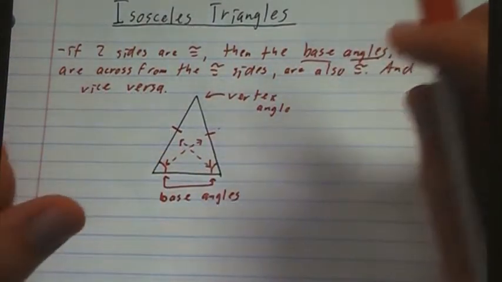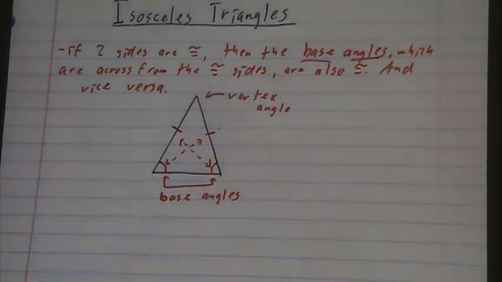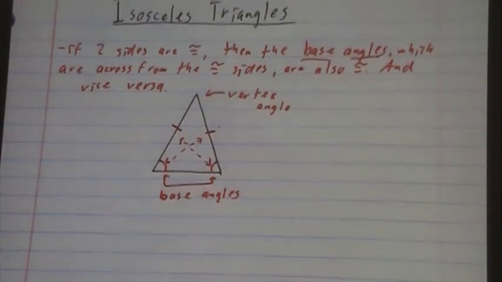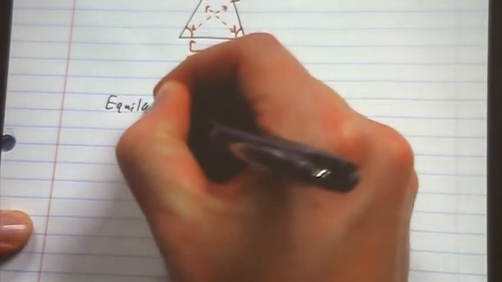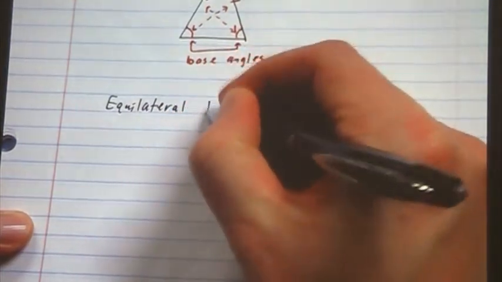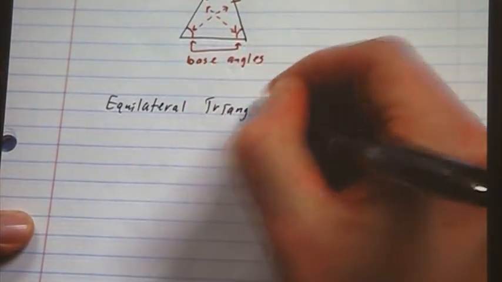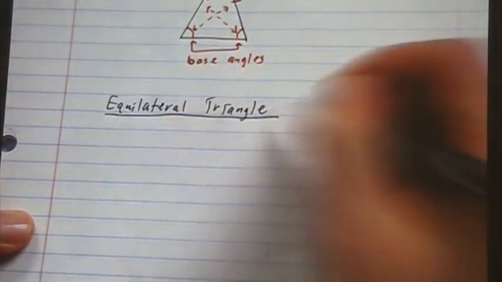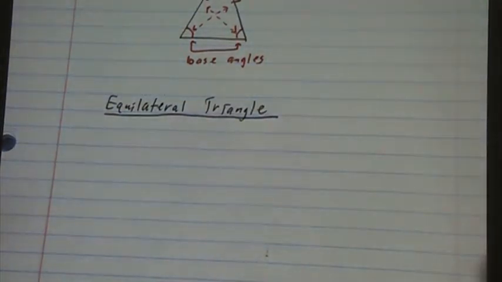Okay. And that is going to lead us into our second triangle we're talking about today, which is an equilateral. And again, if you remember from section 4.1, you know an equilateral triangle has all three sides congruent.